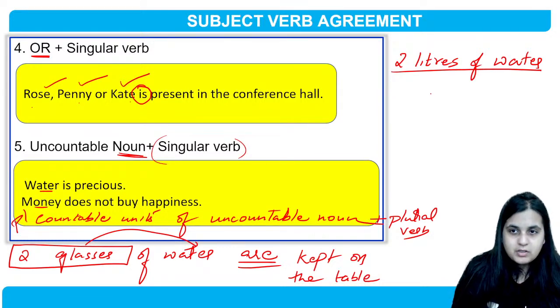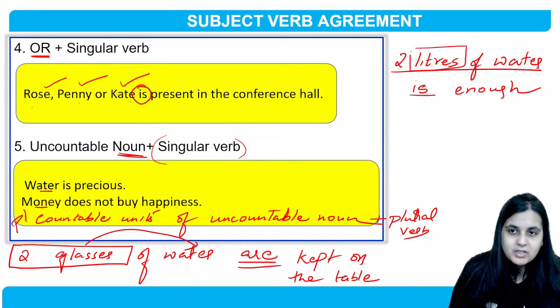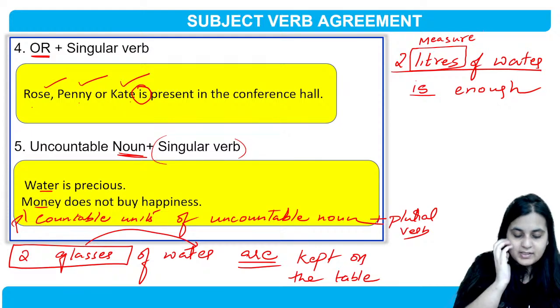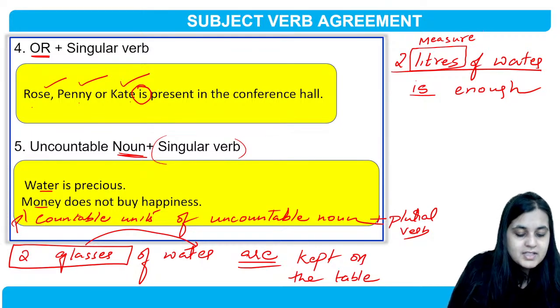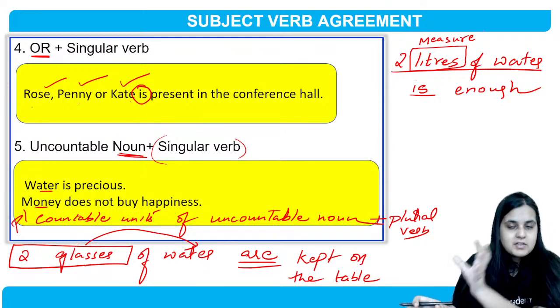You will say 'two liters of water is enough' because this is not a countable unit that you're using. This is basically a measurement. You're talking about a specific quantity. So this will be treated as singular. Two liters of water is enough. Here you should see that a glass is an object: one glass, two glasses, three glasses, four glasses.